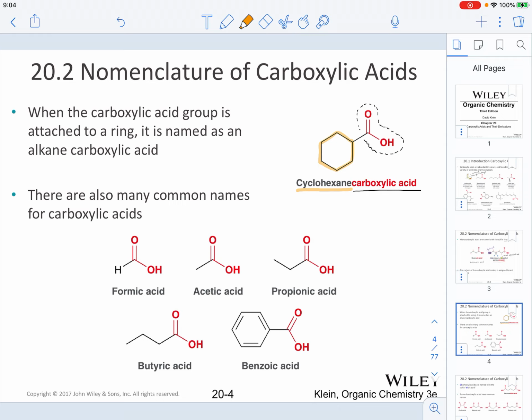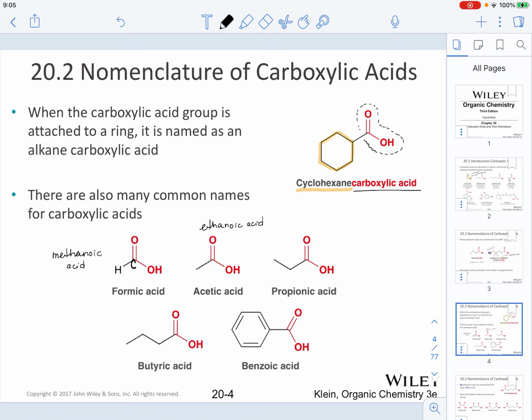There are also many common names for carboxylic acids, and it depends on the number of carbons in the system. You should be familiar with at least the 5 presented in the slide. Formic acid is the simplest carboxylic acid, with 1 carbon atom. The IUPAC name for formic acid would be methanoic acid, because there's only 1 carbon in the system. We have acetic acid, whose IUPAC name is ethanoic acid.